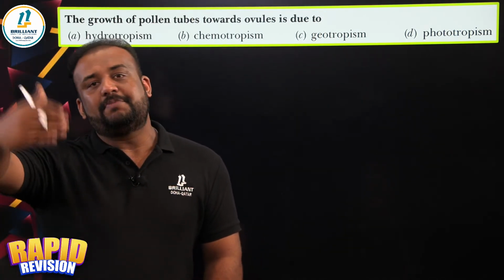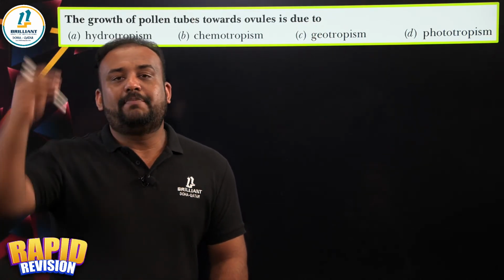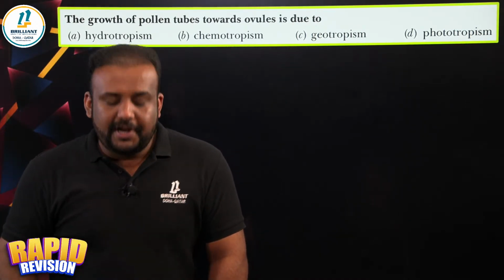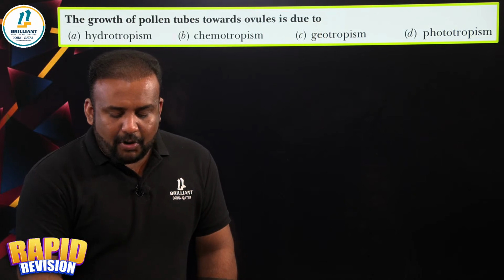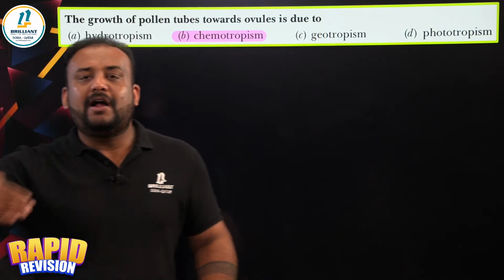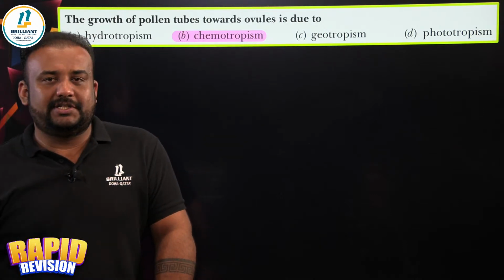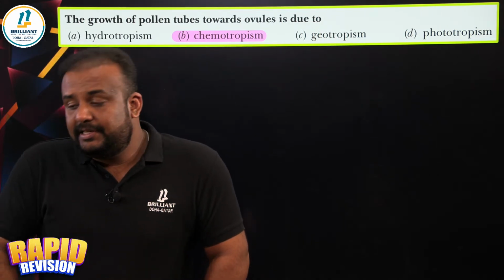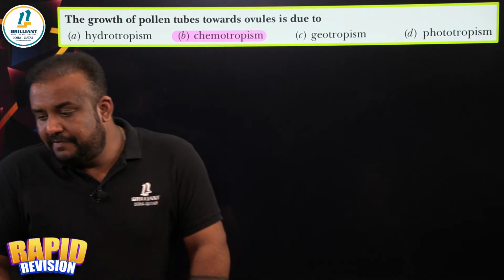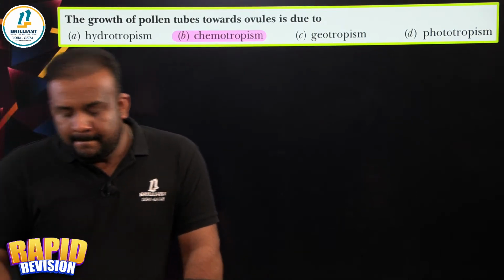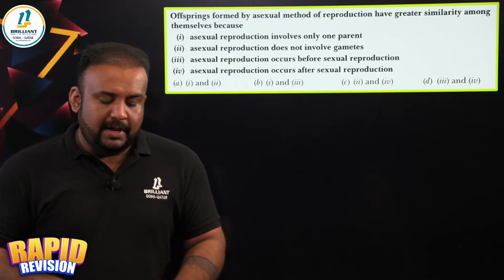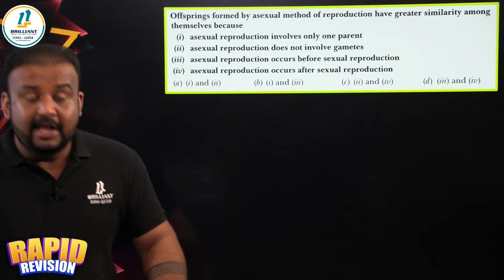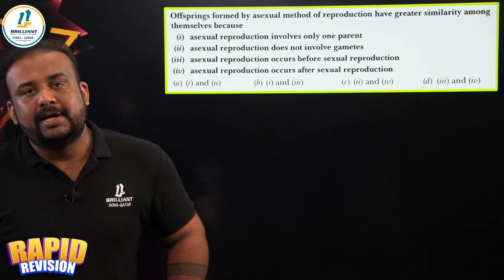There is a signal produced by the ovary of the plant which will cause the pollen tube to germinate and go into the style, and they grow inside and reach the ovary. So it is called positive chemotropism. That means the growth of a part which happens towards the chemical stimulus. So the ovary produces the stimulus and that causes the pollen tube to grow. Is that clear to everyone? Yeah, chemotropism.